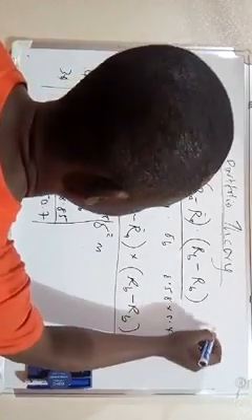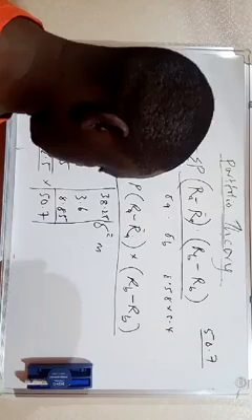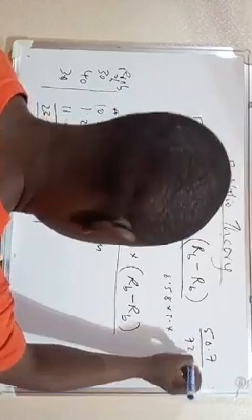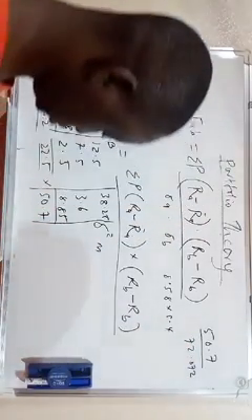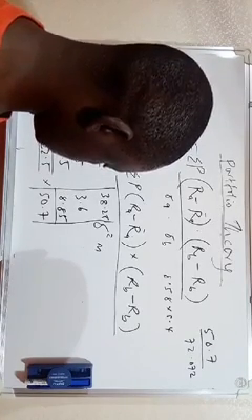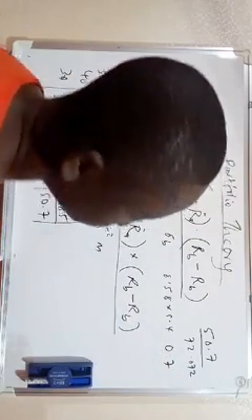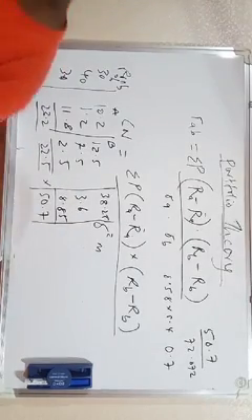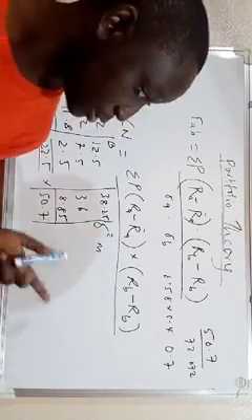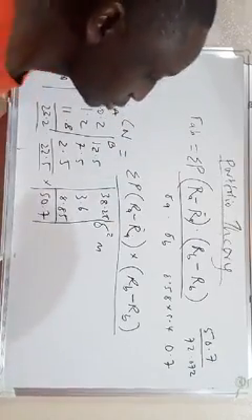So we have 50.7 over. So we have 0.7 as the correlation.